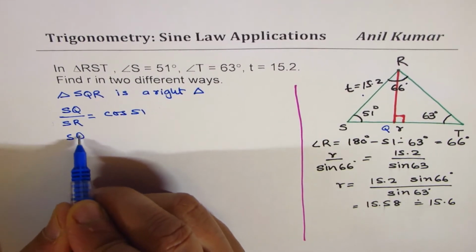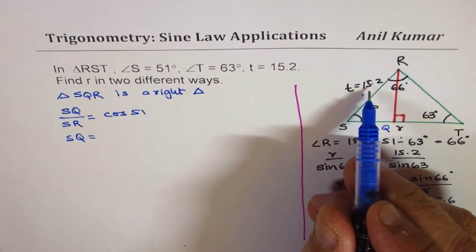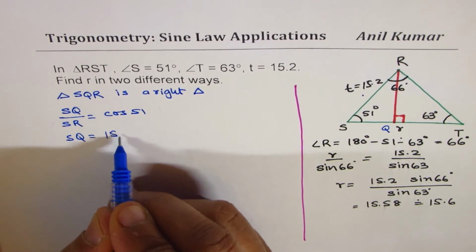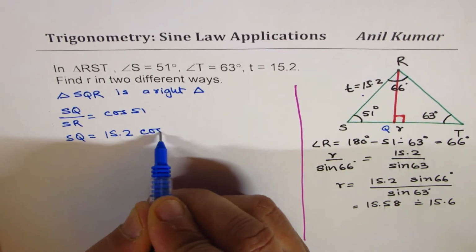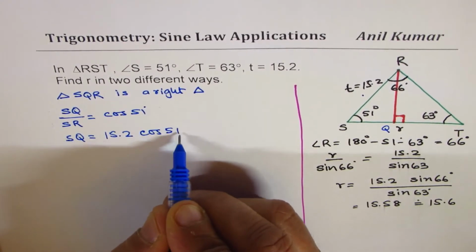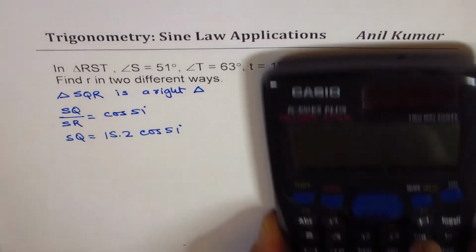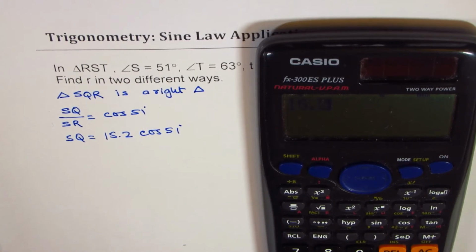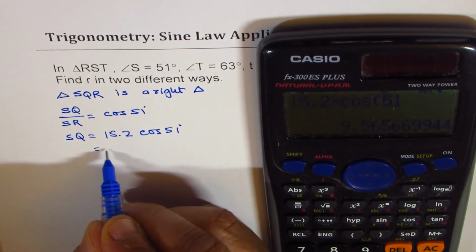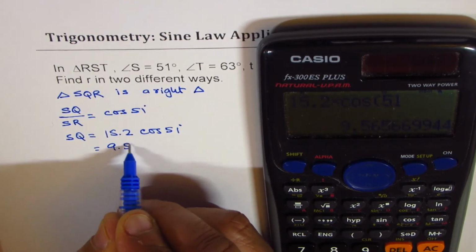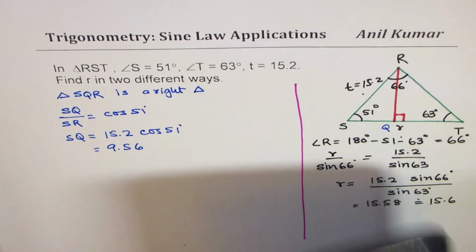So SQ can be written as SR, which is 15.2, times cos of 51 degrees. So we get SQ from here. That gives you 15.2 times cos of 51 degrees. That is equal to, let's keep it 9.56 for the time being.